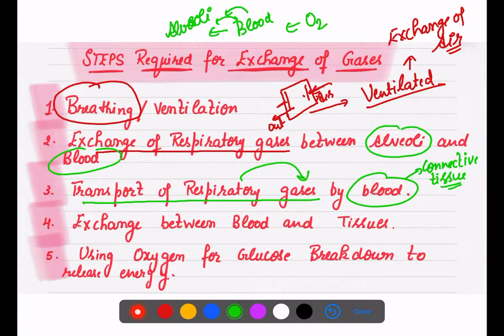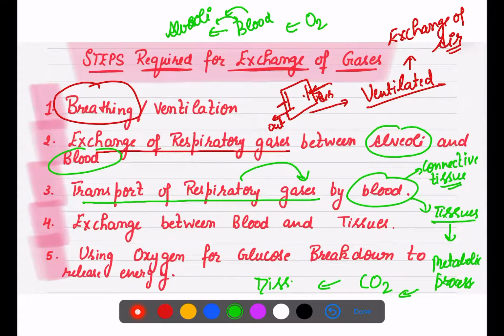Now this blood moves into tissues, and there it goes through various metabolic processes, and during those processes they release CO2, and that CO2 is also dissolved in blood. So exchange of gases takes place between blood and tissues, as well as between alveoli and blood.